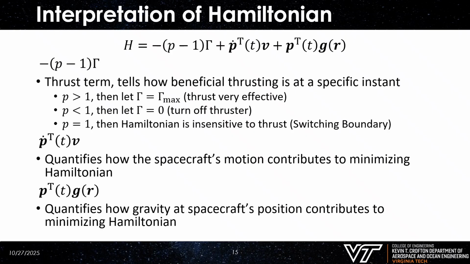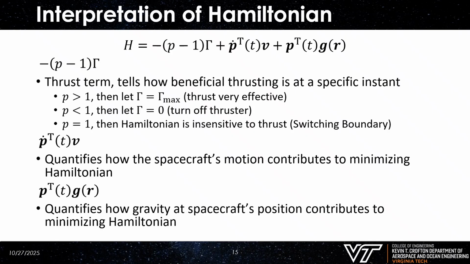When your p is less than 1, you want your thrust to be 0. So your thruster should be turned off, your spacecraft is coasting. When p is equal to 1, your Hamiltonian is insensitive to thrust. And this is going to be the boundary between when your thruster should be off and is not helpful, and when your thruster is very effective.